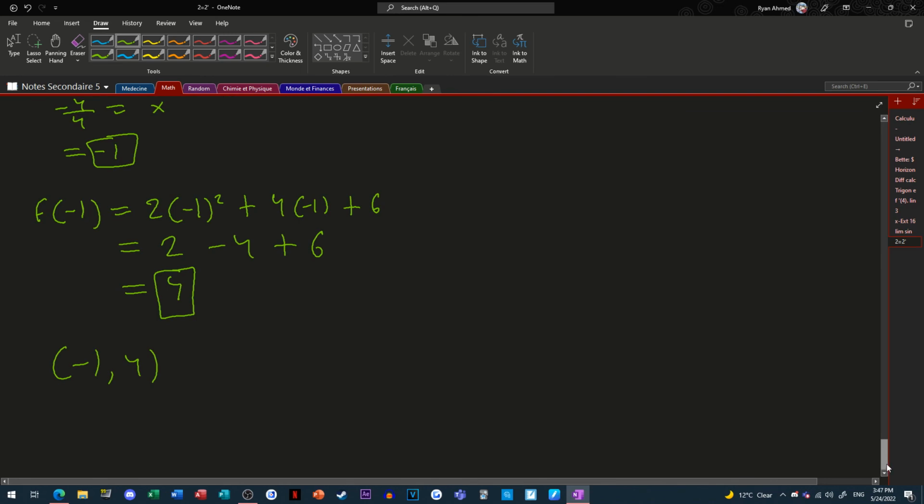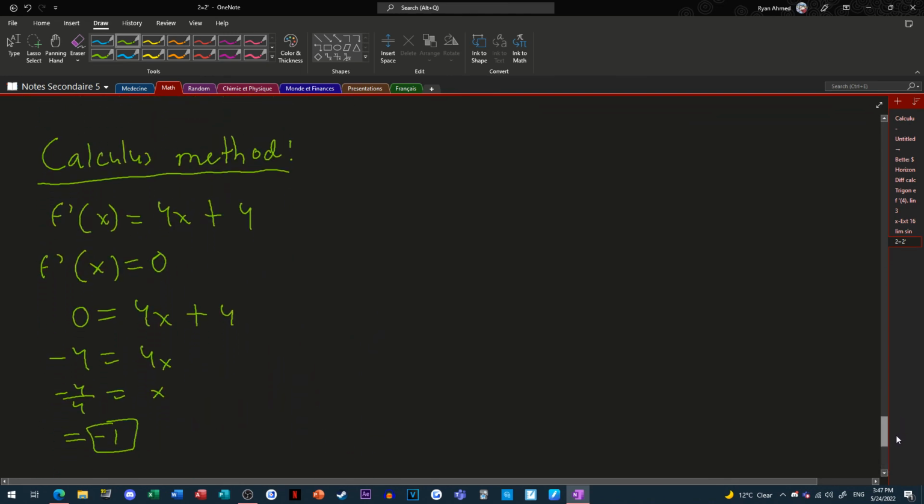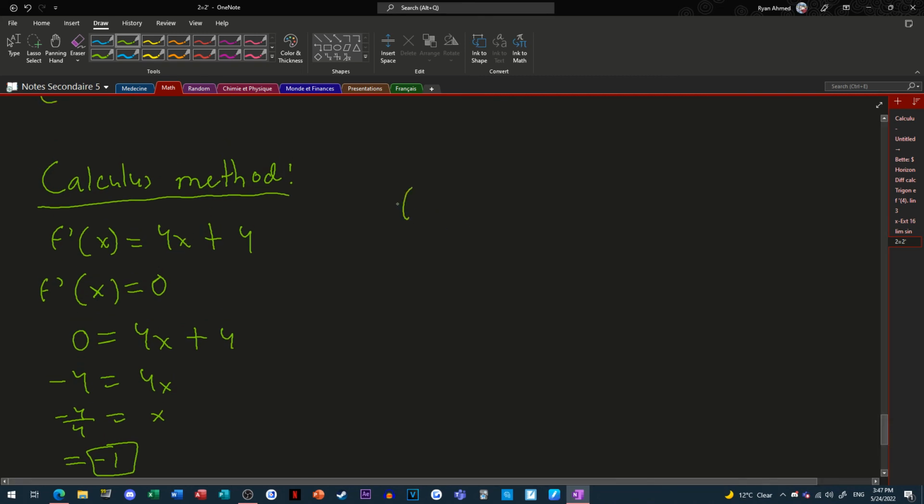So basically that's how you would find the vertex of a parabola if you used the calculus method. First, find the derivative of your function. I should actually write this down. Find derivative of function, I'm going to call it FCT. Second, find x where f prime of x is equal to 0, and then you would find k.